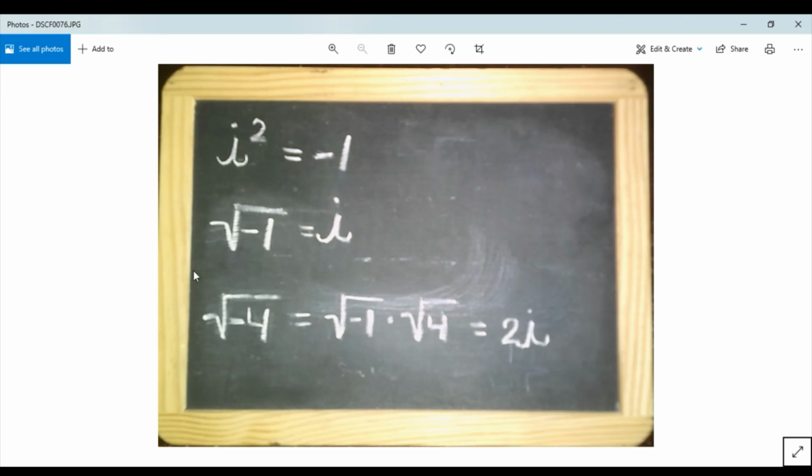So the idea is that if you square 1, you'll end up with 1. If you square -1, you're going to end up with 1. So no matter which side of the number line you're on, you're going to get the same answer. And in math, sometimes we need to use imaginary numbers so that we can get this result here.